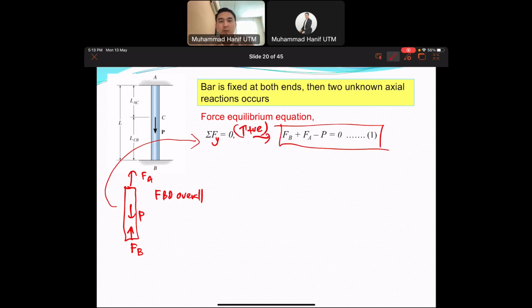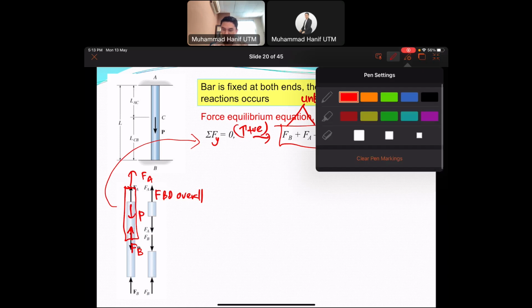Since we have two unknowns, FB and FA, you need two equations, but at the moment you only have one. So what to do? That's why this subtopic is introduced to you, so we can use a method to develop the second equation. So how to do it? From this original body, let me erase this one.